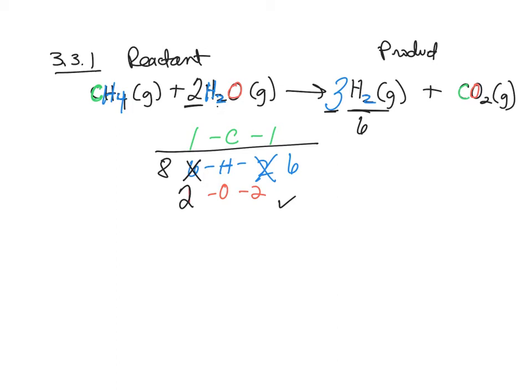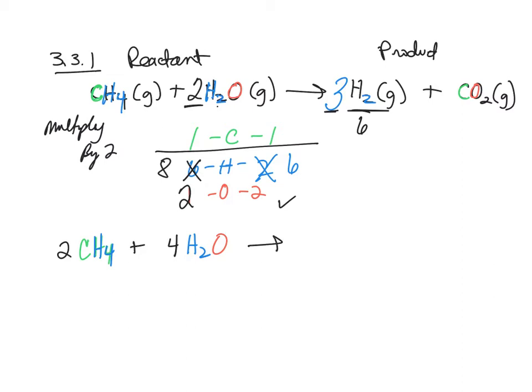So if we want to multiply everything by 2, you have 2 CH4s, plus 4 H2O, and then this would give 2 times 3 is 6 H2, plus 2 CO2. And then I can always reduce to the lowest terms, but I like working with even numbers.